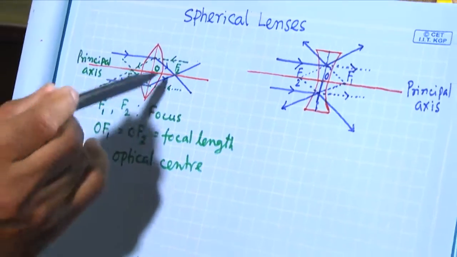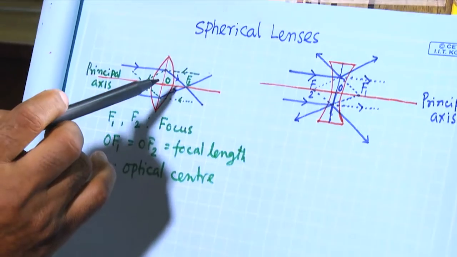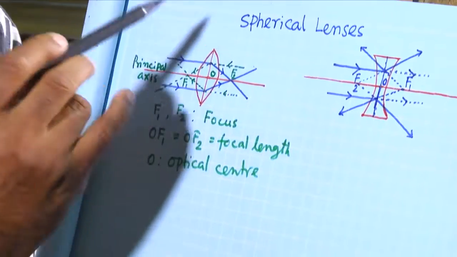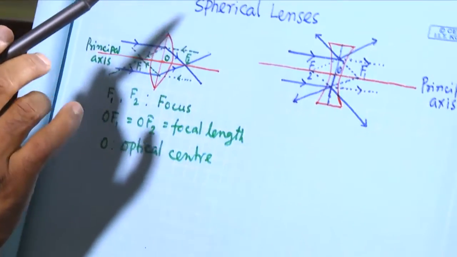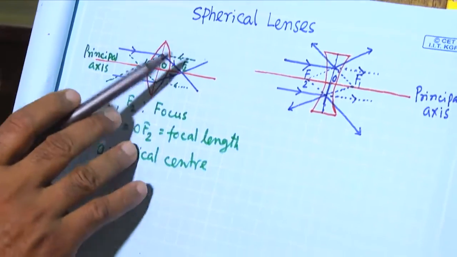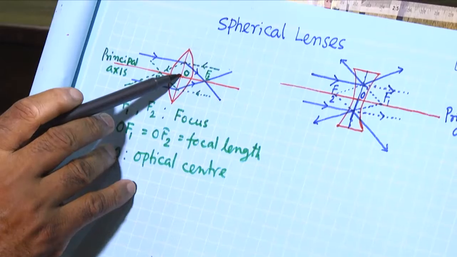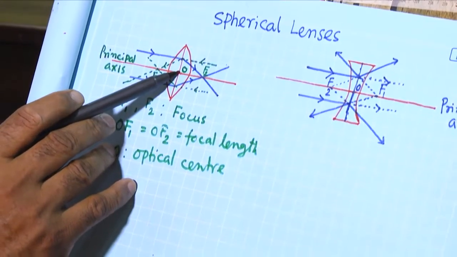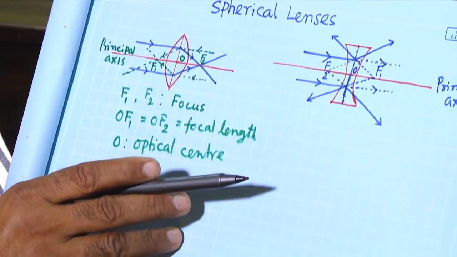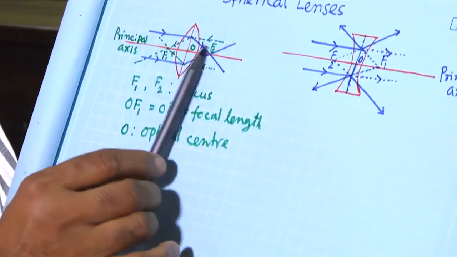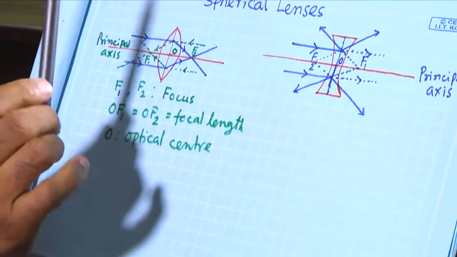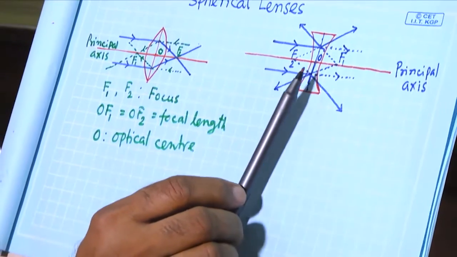So here all distances are measured from the center of the lens. I have drawn the ray diagram for this convex lens and for the concave lens.